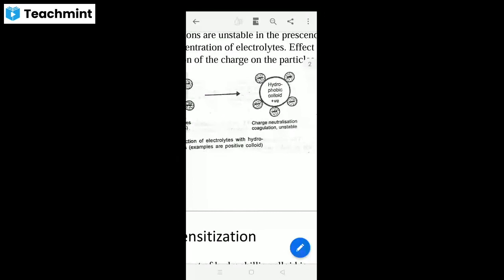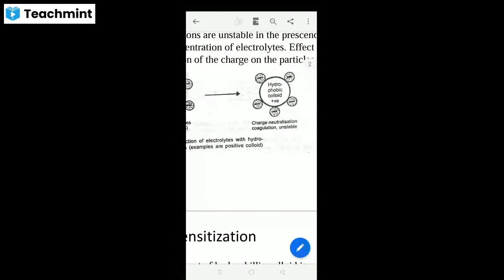I am telling the mechanism, what is happening. And all the neutral molecules reside on the surface of the lyophobic particles.